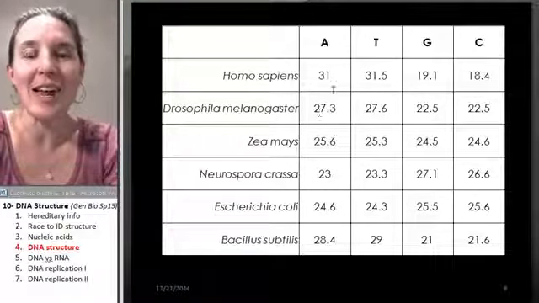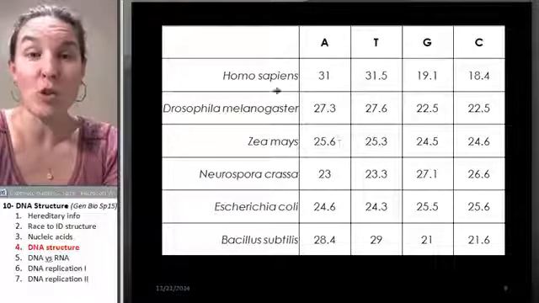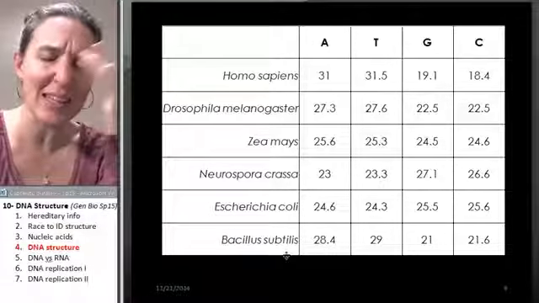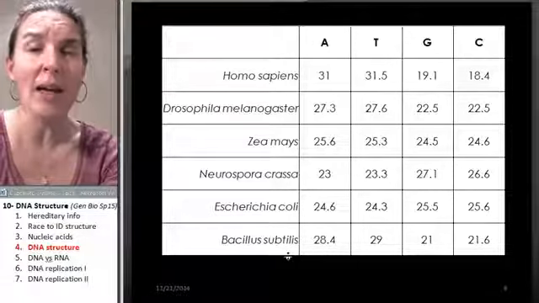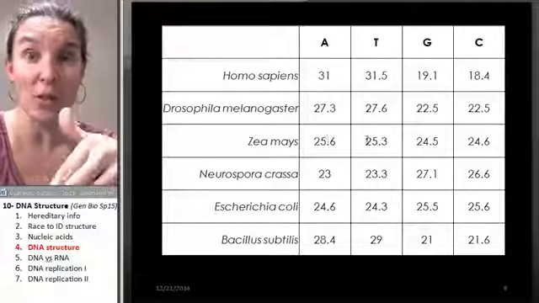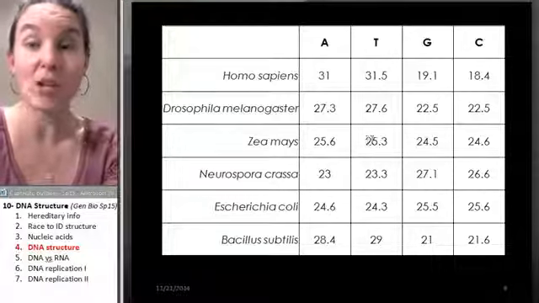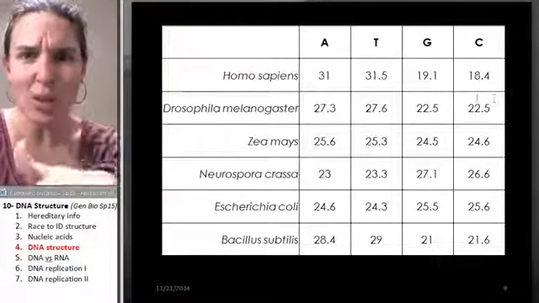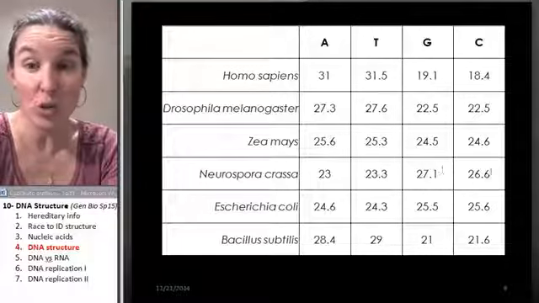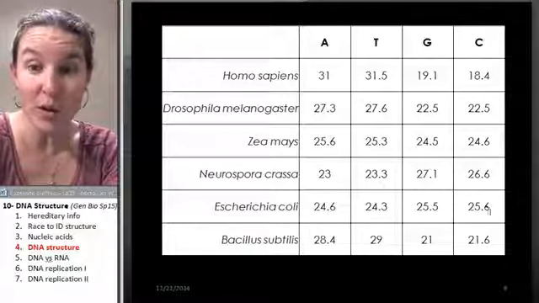And he found this to be true all the way through, and they were thinking, dude, why is that the case? Why is it that the percentage of adenines equals the percentage of thymines and the percentage of guanines equals the percentage of cytosines? You look at it across the board, and it's true in all these different critters.